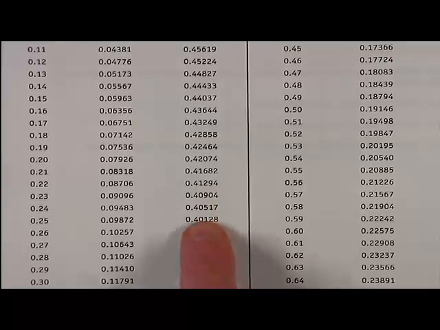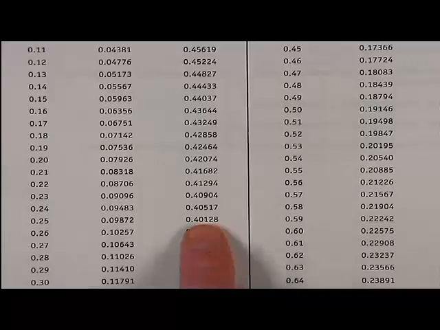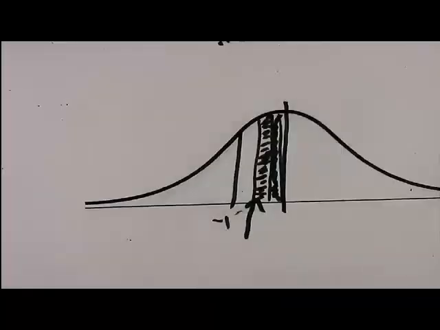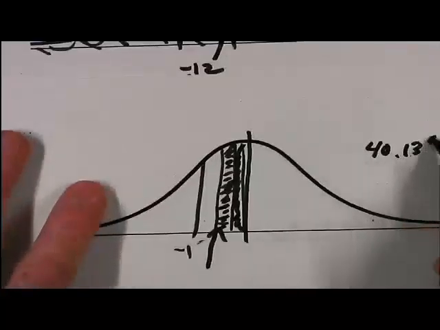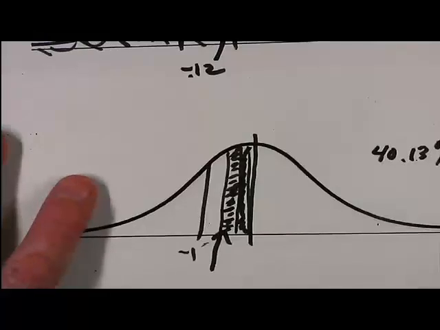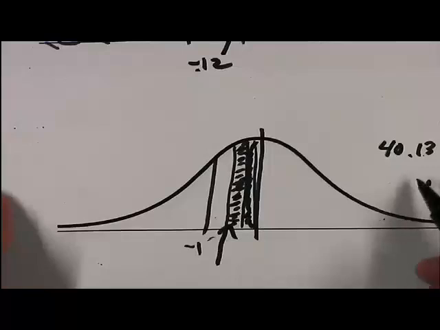So we're going to have 40.13%. 40.13% has a z-score of 0.25, and since it's on this side, it's going to be negative.